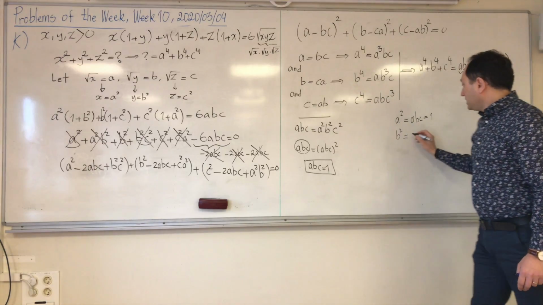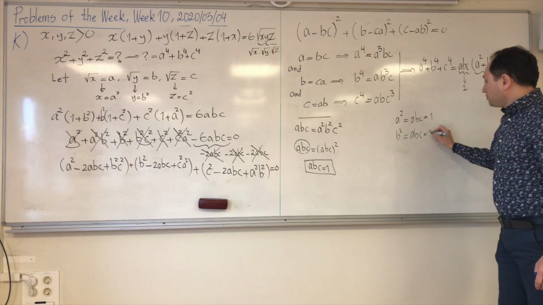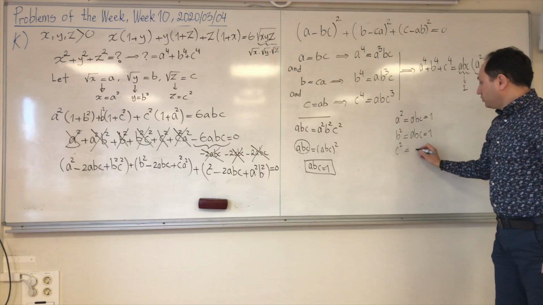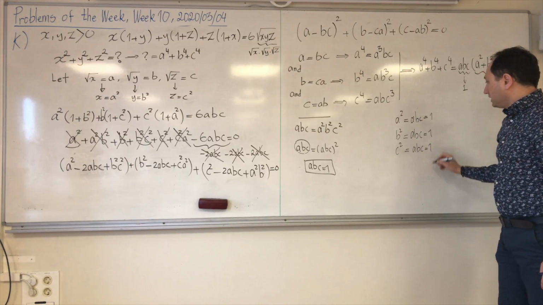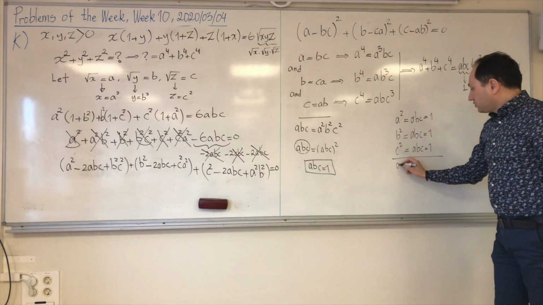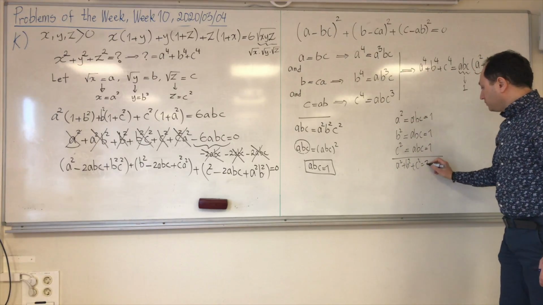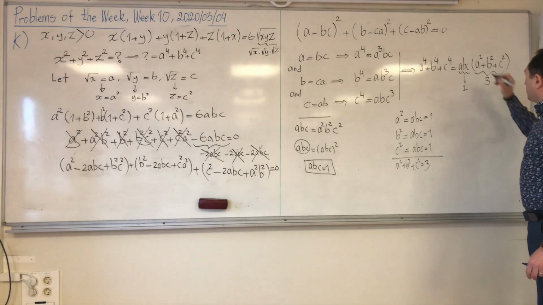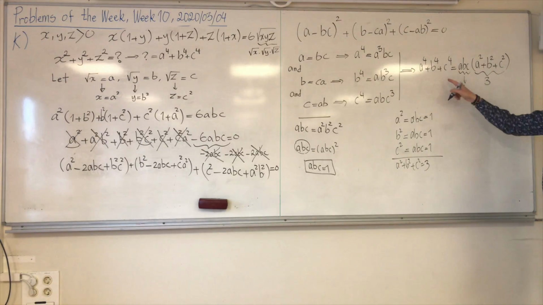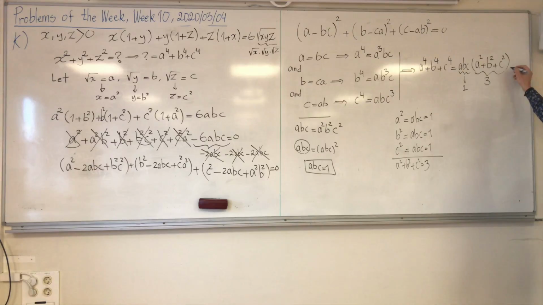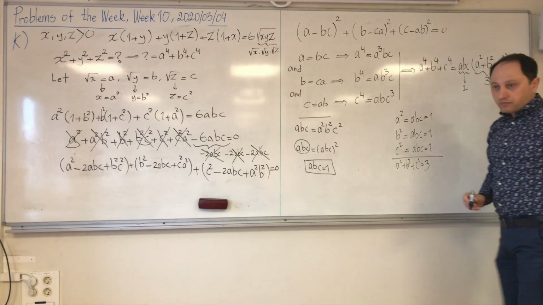This becomes abc. But again, ABC is 1. And for the same reason, C squared is ABC, which is 1. So if I add them, A squared plus B squared plus C squared is 1 plus 1 plus 1 is 3. So this one is also 3. So if I want to calculate this, I need to multiply them. So then the answer becomes 3. Okay.